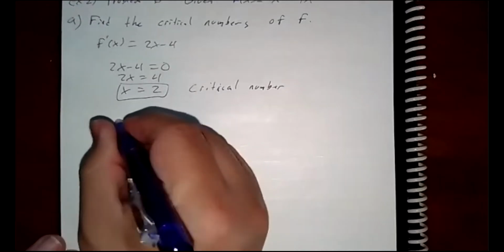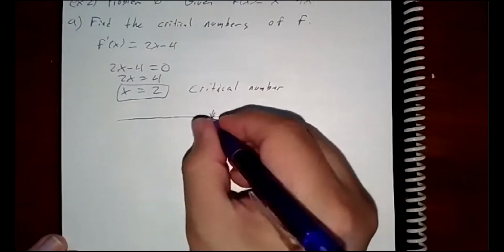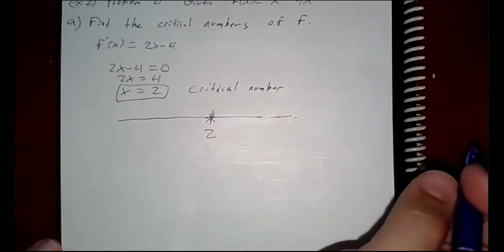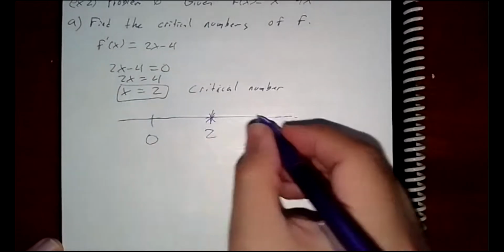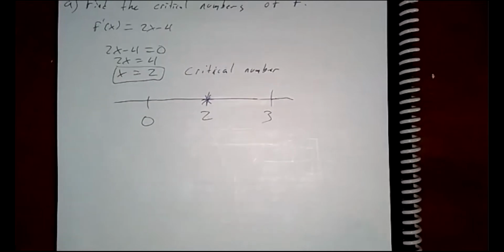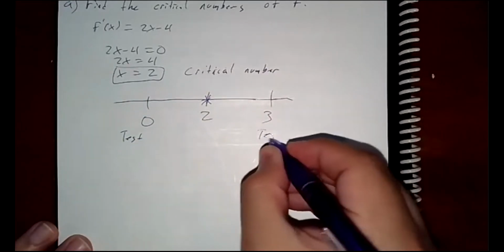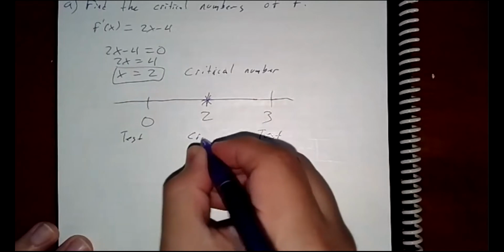So what you do is you take the 2 and make sure that's your critical special number. You test before, you choose 0 because it's easy, and you choose something close to 2 because I'm hoping that's also easy. These are my test points. This is the critical.